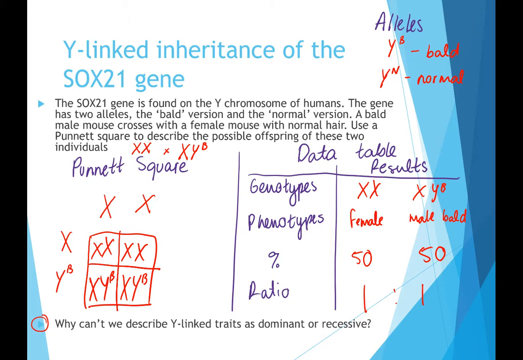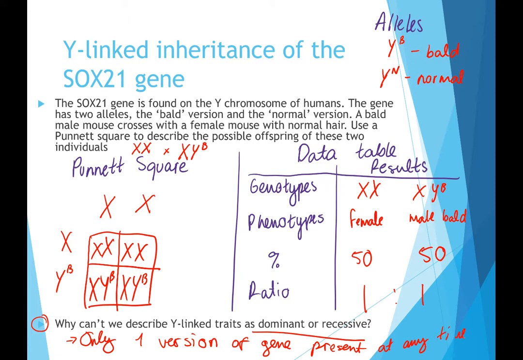Okay, why can't we describe Y-linked traits as dominant or recessive? Is because there is only one version of the gene present at any time.